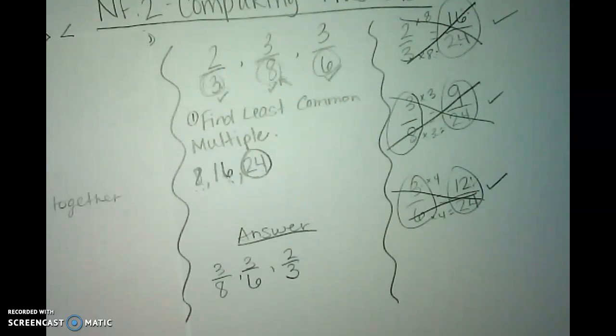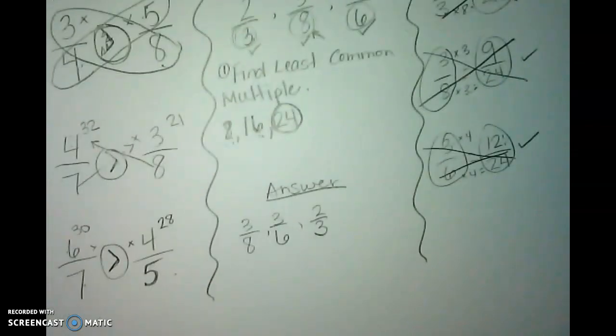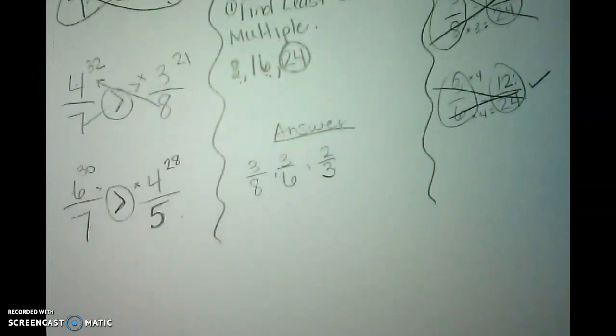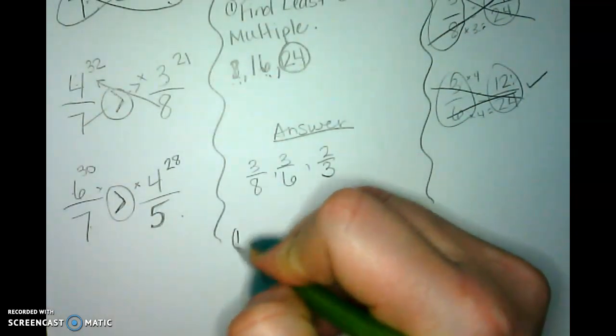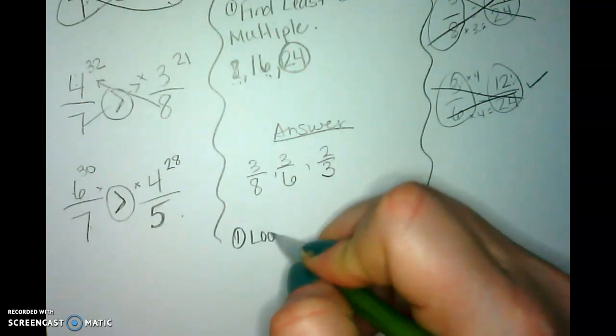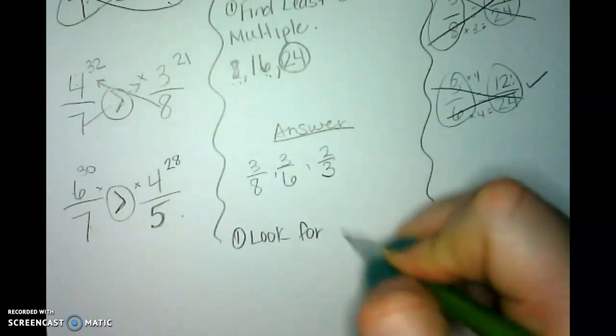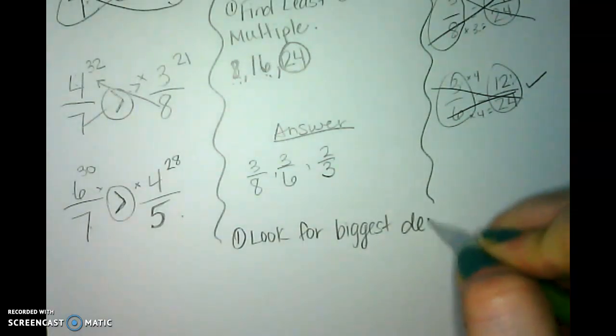Comparing 3 fractions. Remember, just make sure that you go step by step, follow directions. I'm actually going to write the directions right here just for you. So the first step we did was look for the biggest denominator.